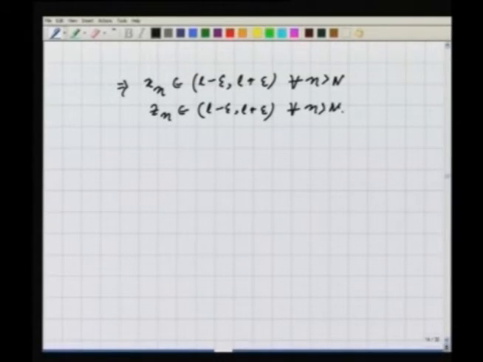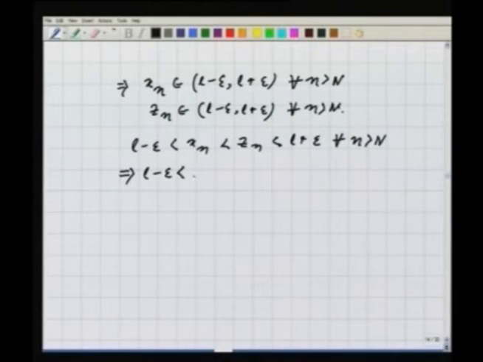Now, the sandwich is going to play the role. What I have is L minus epsilon is less than xn, but xn is anyway less than zn, and that is less than L plus epsilon, and this is true for all n strictly bigger than capital N. Well, yn lies in between xn and zn. If I use that fact, this implies that L minus epsilon is less than xn, less than yn, less than zn, which is less than L plus epsilon for all n bigger than N. Now let us just forget xn and zn.